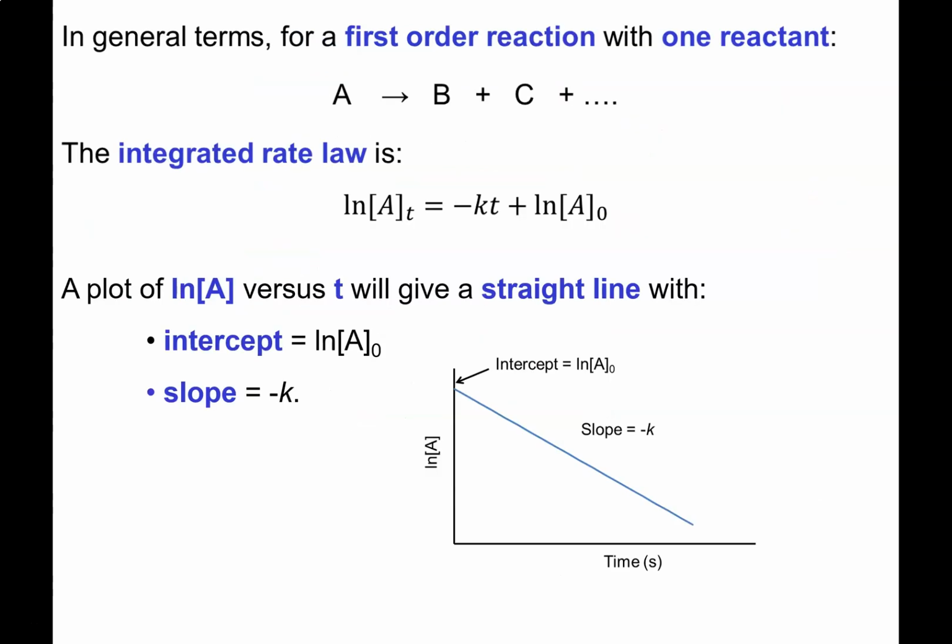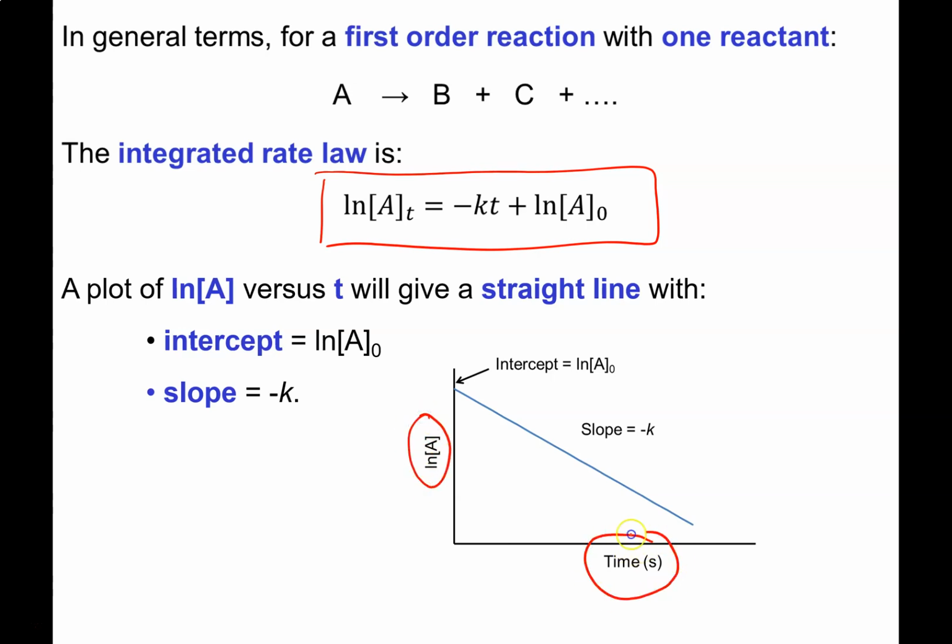So in general terms, for a first order reaction with one reactant, the integrated rate law is going to be log of the concentration of our reactant at time t will be equal to minus kt plus log of the original concentration. And you can tell that a reaction with one reactant is first order because a plot of log of the concentration against time will give you a straight line with negative slope.